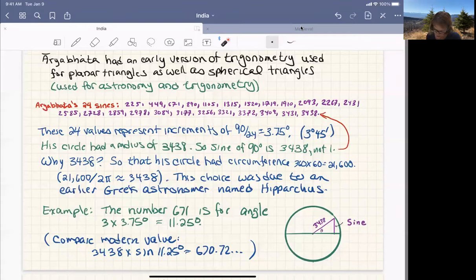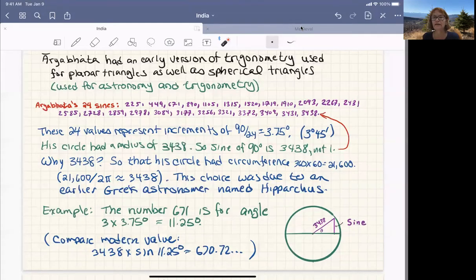Now, of course, we can check this value to see how accurate it is. Well, since our circle has radius 1 and his circle has radius 3,438, we need to multiply the sine of 11.25 degrees by 3,438, and we get, by plugging it into our calculator, 670.72 with some more decimals, and he got 671.